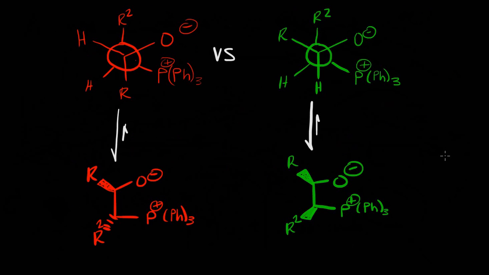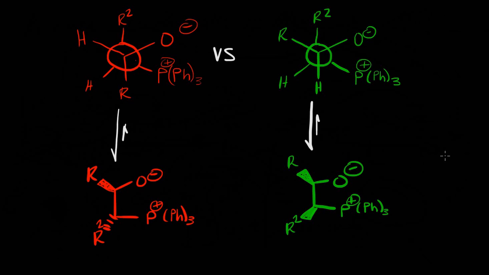So the last thing that might be a more advanced question is why is the cis product usually a more favored product versus the trans product when dealing with the Wittig? And the answer is easily boiled down to sterics. The difficult part is how you represent those sterics.